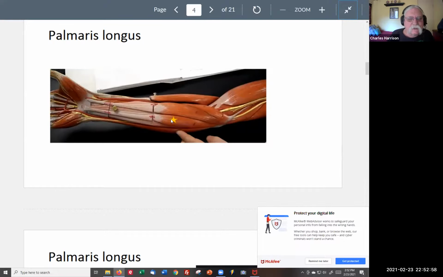Because on either side of the palmaris longus is either the flexor carpi ulnaris that we did, or on the other side, I'm sorry, the flexor carpi radialis going to the thumb. These are all flexor muscles. Flexor carpi radialis.